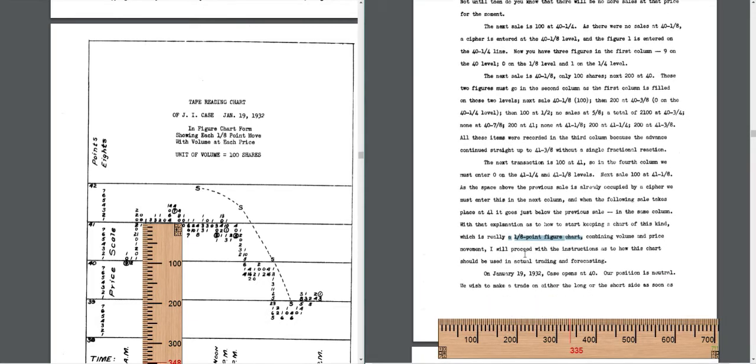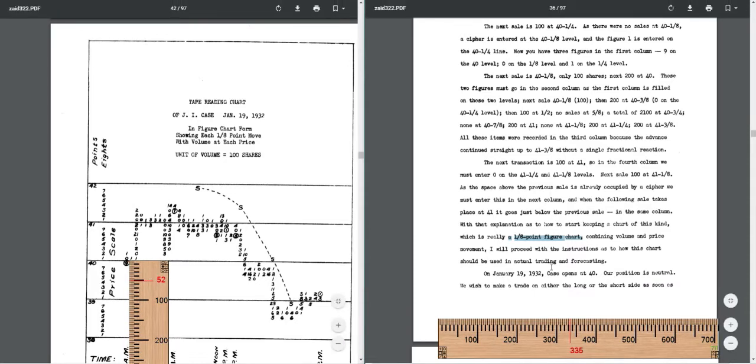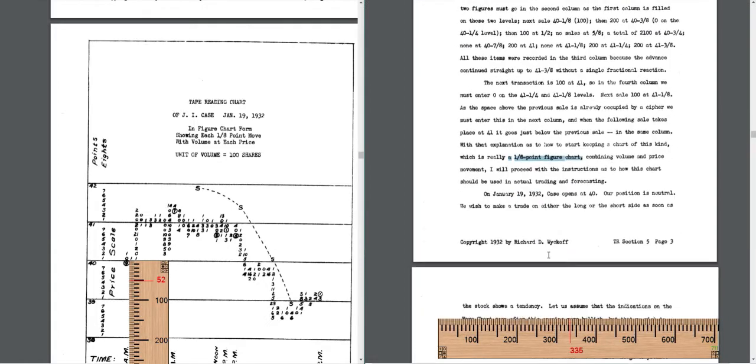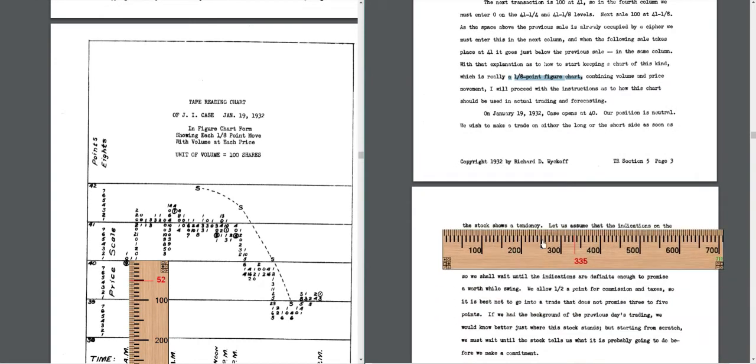All right. So now let's go back to the beginning and see how it can be used for forecasting. So it opens at 40. Our position is neutral because it just opened. We wish to make a trade on either long or short as soon as the stock shows a tendency.